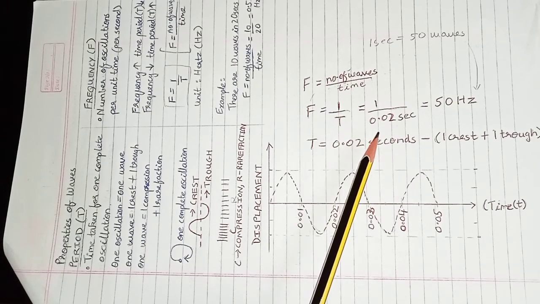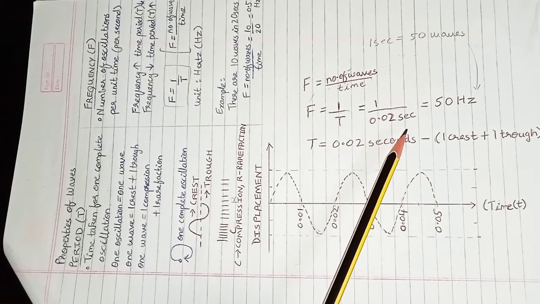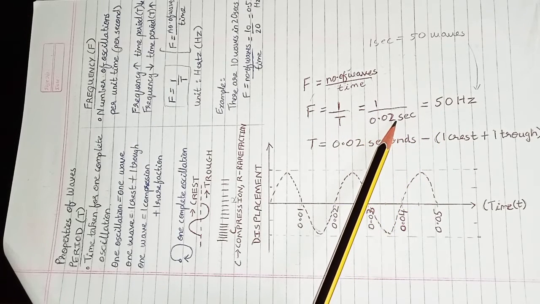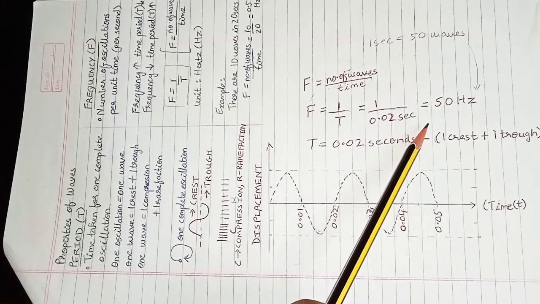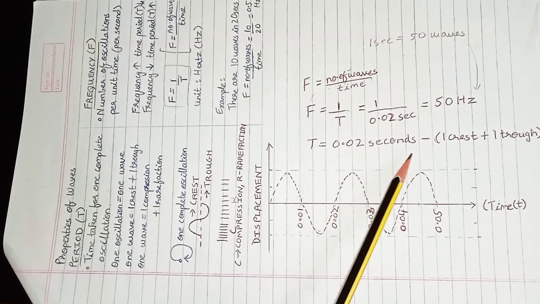So T is equal to 0.02 seconds, and if we divide 1 by 0.02 seconds, we will get 50 hertz. So capital T we had already got from this graph, 0.02 seconds.